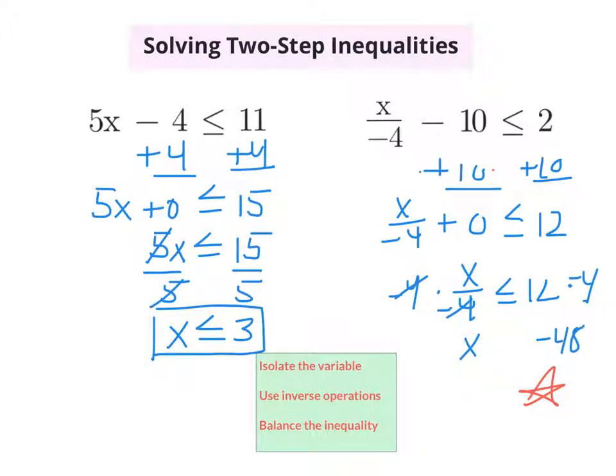Now I'm looking at this symbol that I drew, and it's telling me, remember, you multiplied by a negative, so you need to change that symbol to its opposite. So I'm going to change it from a less than or equal to a greater than or equal to symbol. So my solution is x is greater than or equal to negative 48.